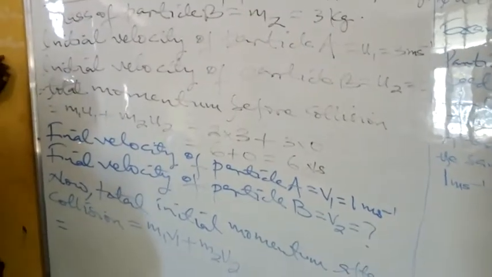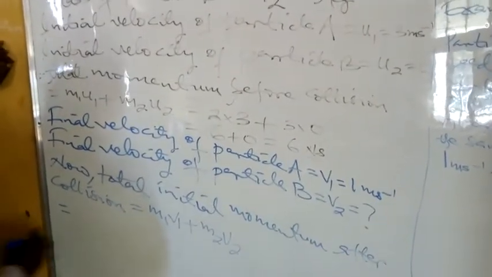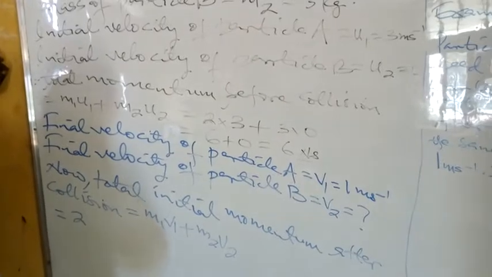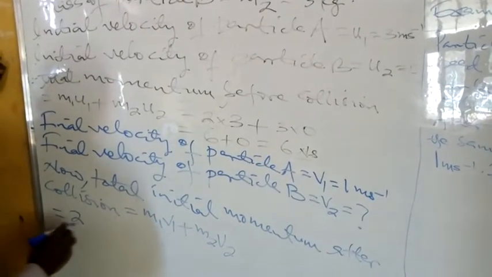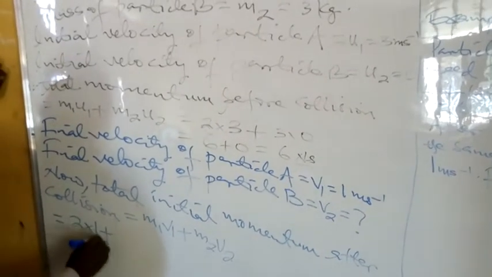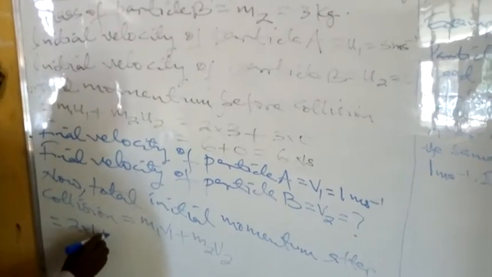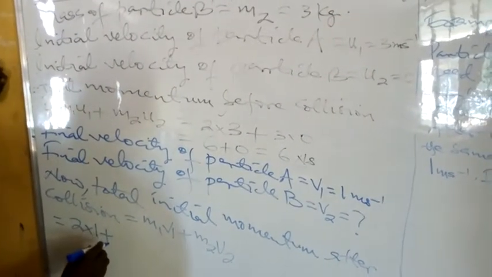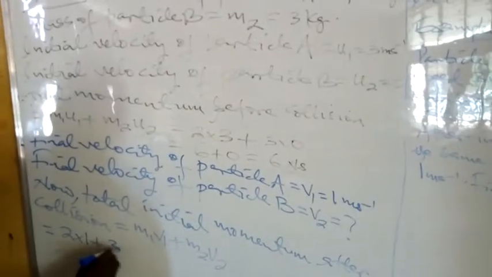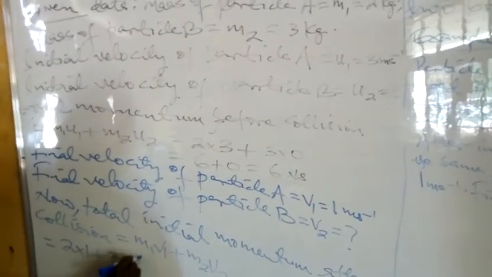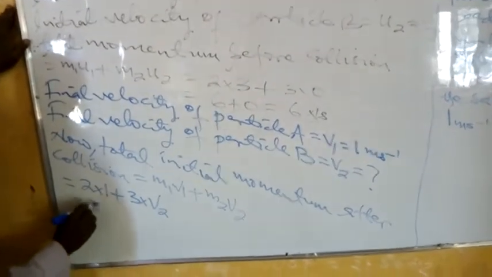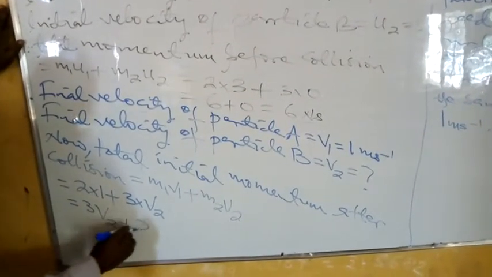That will be equal to 2 times v1, which is 1, plus m2, which is 3, times v2. So what do we have? This will be 3v2 plus 2.